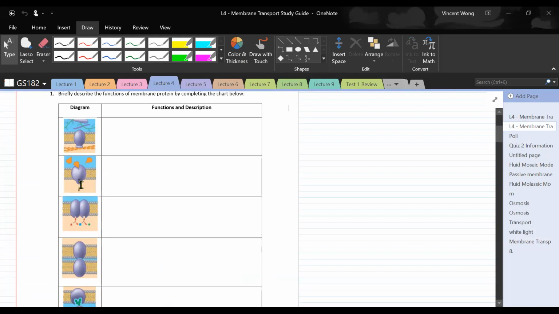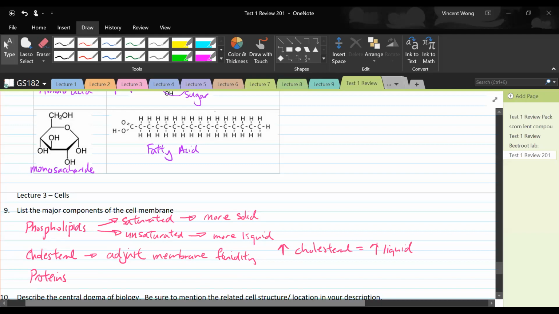It's in your PowerPoint as well. So like attachment to cytoskeleton, cell signaling, enzymatic activity, cell junction, and so on and so forth. Depending on what kind of proteins you're looking at, they're going to have various functions. So see lecture 4 slides, PowerPoint, for 6 key functions.